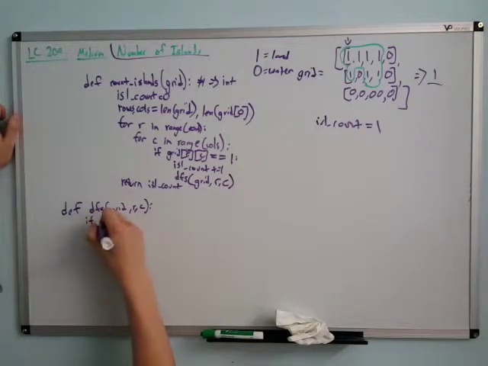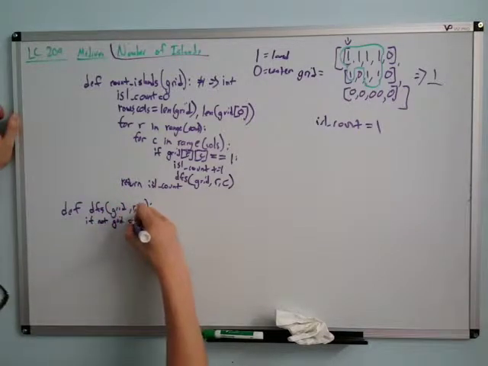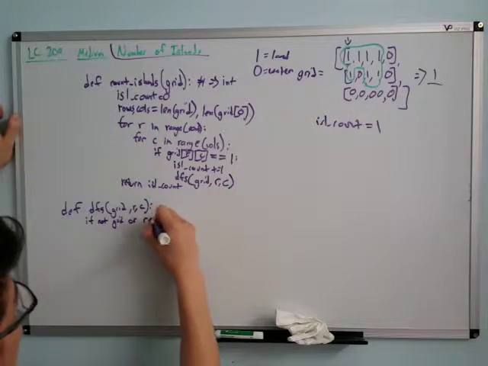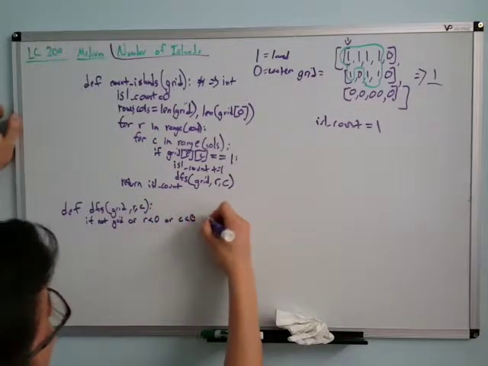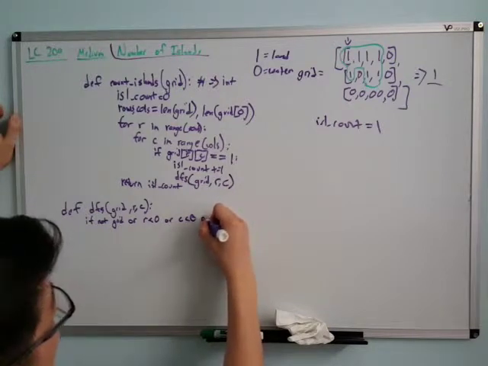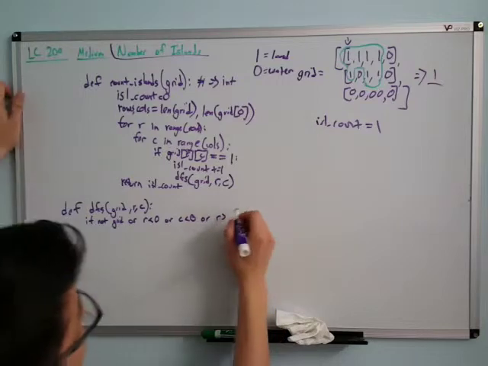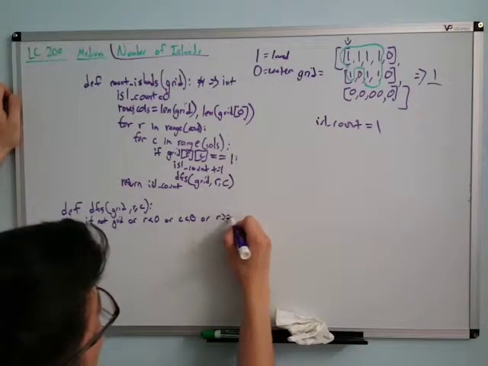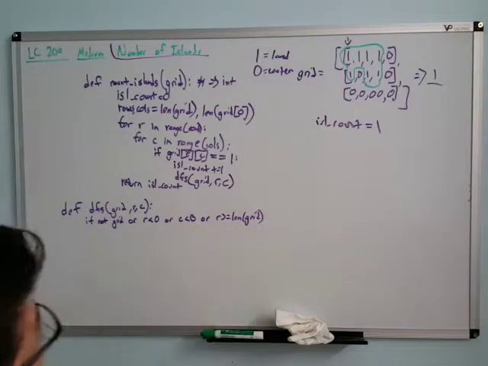So let's do: if not grid, or r is less than 0, or c is less than 0, and there are going to be a lot of checks, or r is greater than or equal to the length of grid. These are common checks.